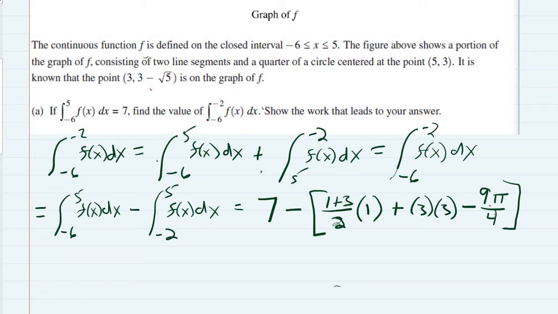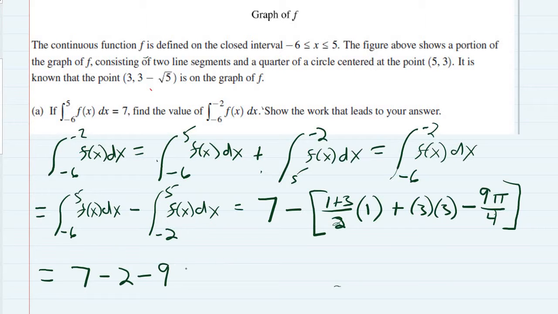Okay, this expression here is the proper answer that's going to give me the integral from -6 to -2. So what I've got is 7 minus 2, since 1 plus 3 is 4, divided by 2 is 2. 3 times 3 is 9. I'm changing the sign because of distributing that minus, so that makes it a minus 9.